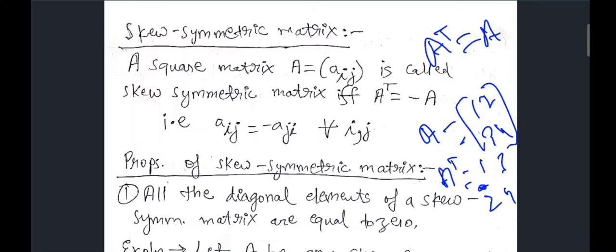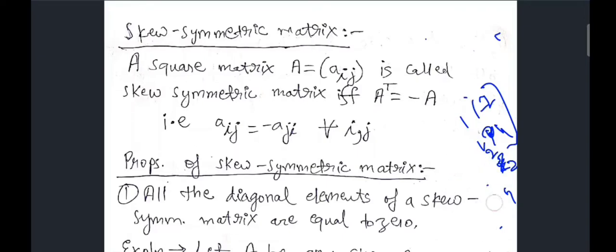If we want it to be skew symmetric, then the off-diagonal entries must be minus 2 and 2, and when we take the minus sign along with it, it comes out equal to A. You can take any example and see this. If A transpose equals A, it is symmetric, and if A transpose equals minus A, it is skew symmetric.